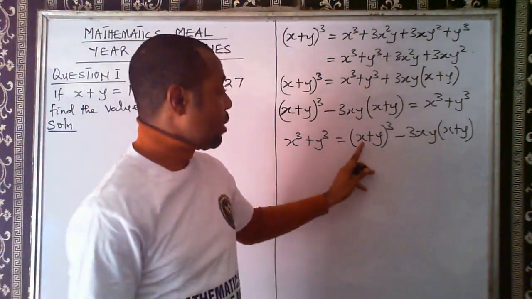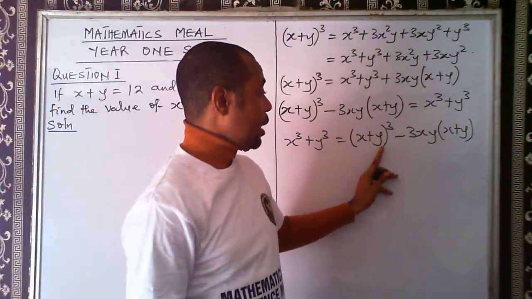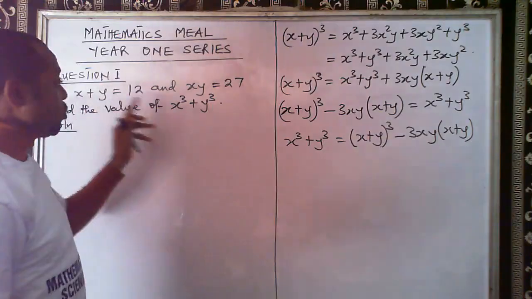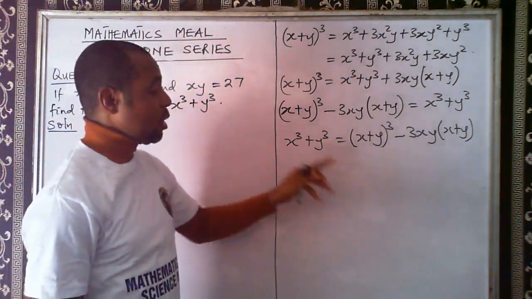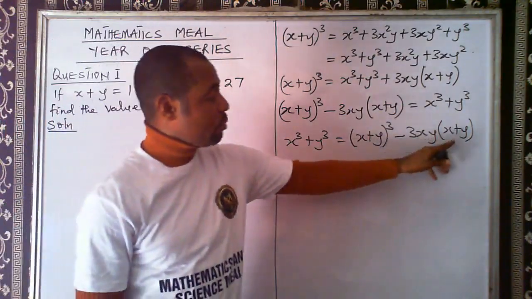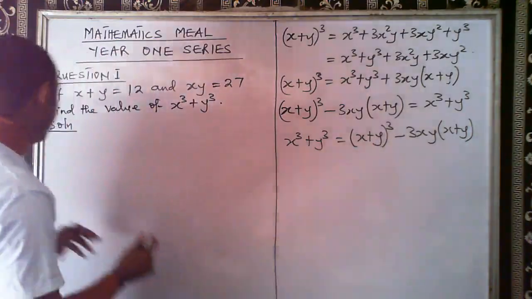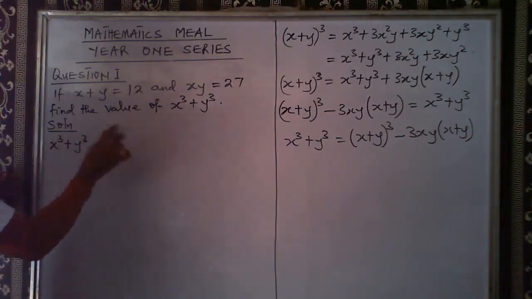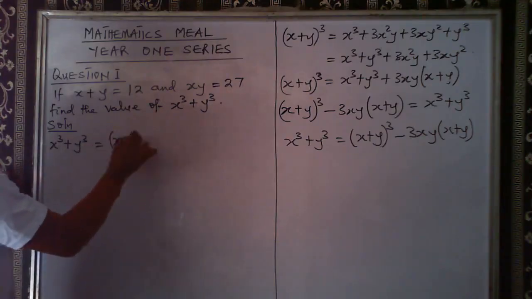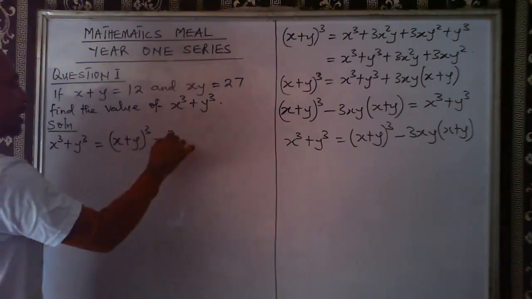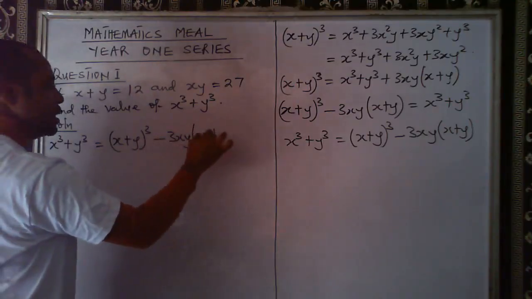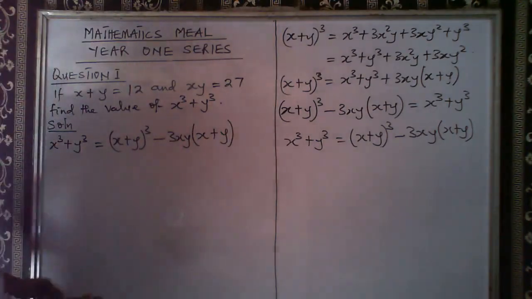If you look at this now, we have x plus y and xy. We know the value of x plus y, which is 12. We know the value of xy, which is 27. So if we substitute that, we can solve our problem. Thus, x cubed plus y cubed is equal to x plus y all raised to the power 3 minus 3xy bracket x plus y.